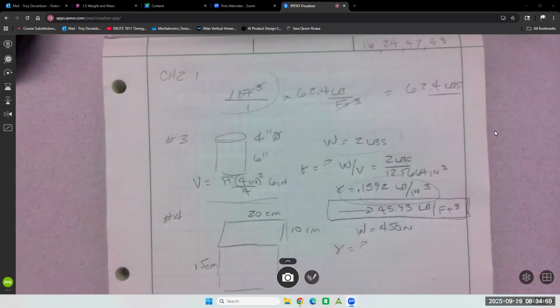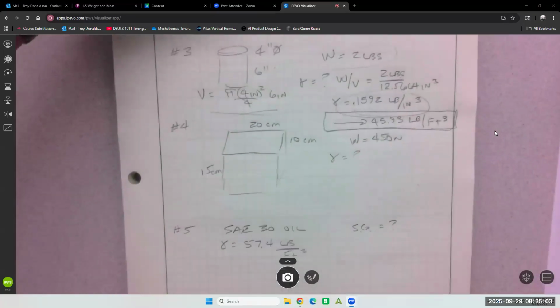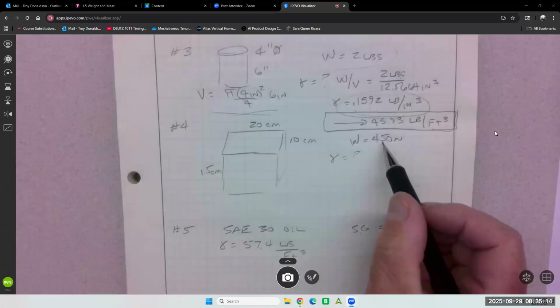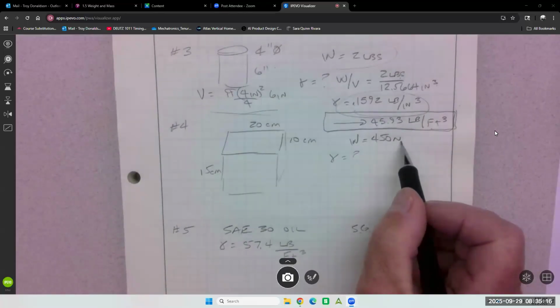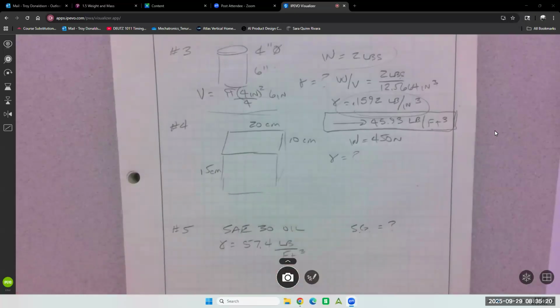It's simple. The next one's the same kind of problem, number 4, just using a different unit, right? We're using the metric system. So we have to come up with a volume, and then we have to come up with the weight, which we're given, 450 newtons, 20 centimeters, 10 centimeters, 15 centimeters.